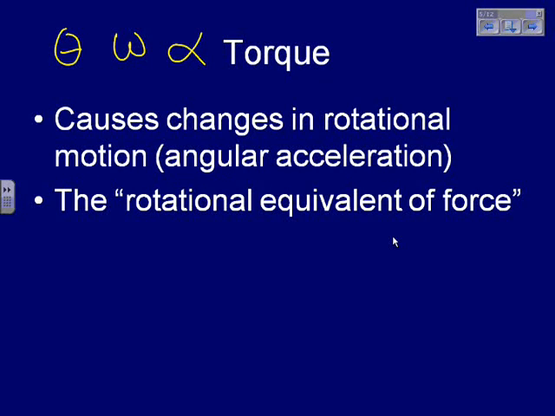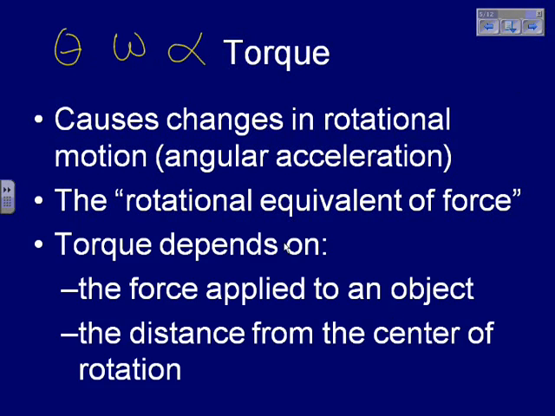Friction is a force too. Is torque like the result of the force? Yes, good transition. Torque depends on a force being applied to the object, but also the distance from the center of rotation. Those are two big concepts, and we'll talk about that in just a second.